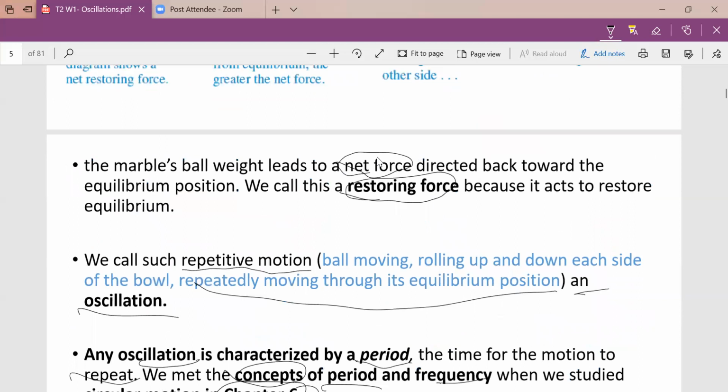Okay, so we'll see that the marble ball actually is undergoing oscillatory motion, and we'll use the equilibrium position to better describe the displacement from rest, okay?